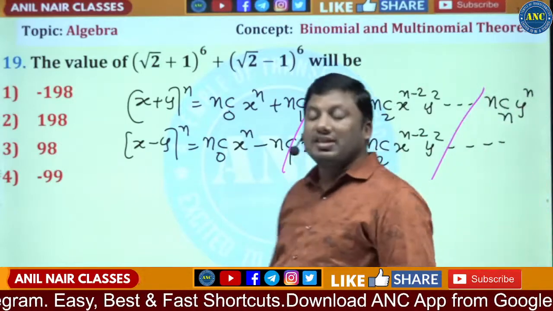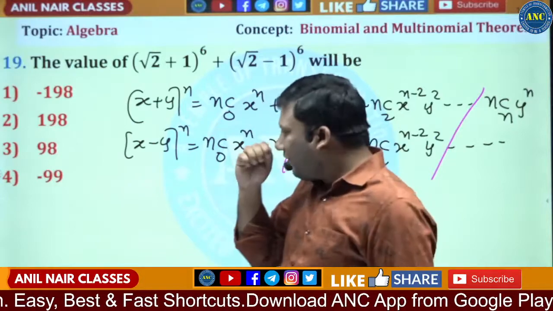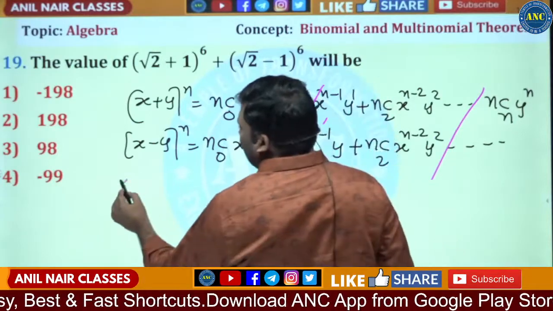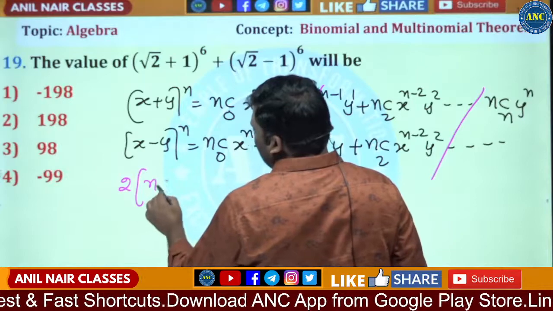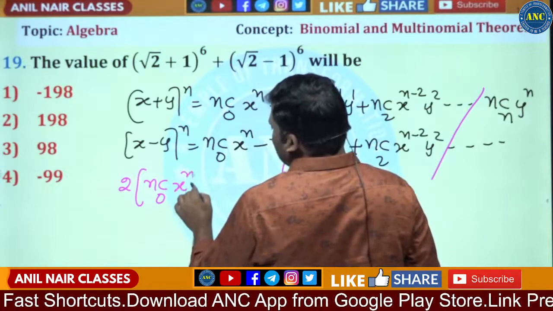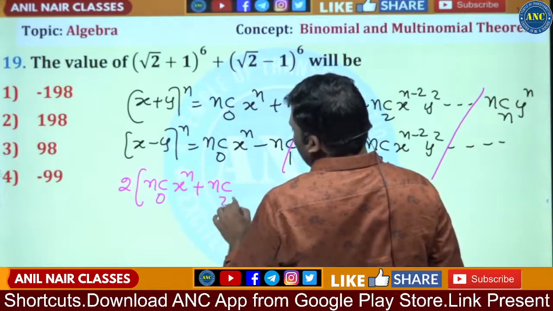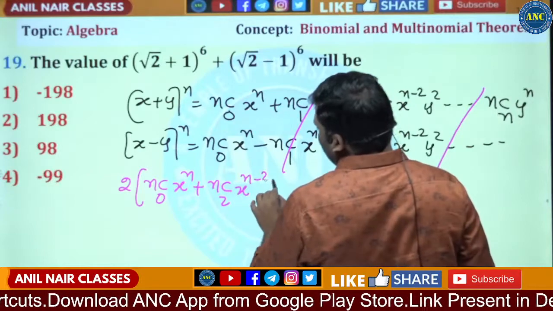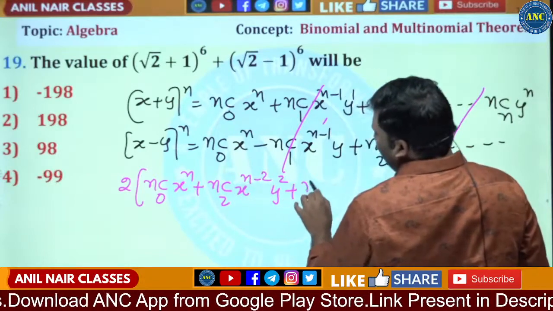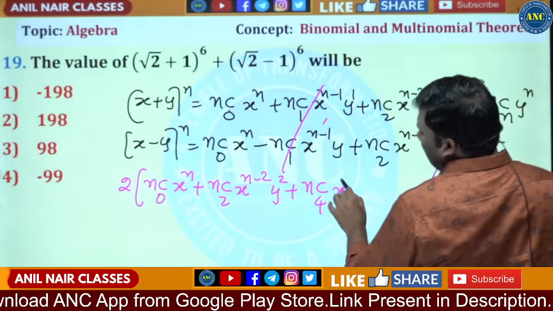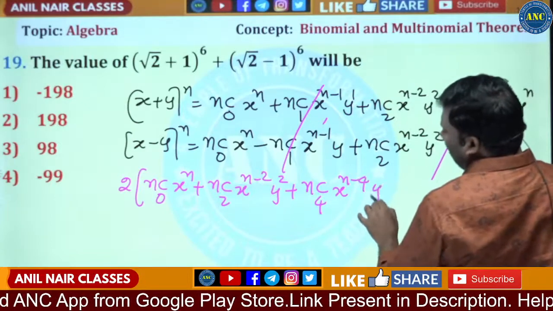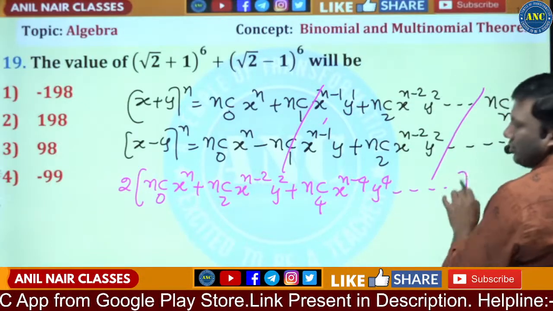nC1 cancelled, nC3 cancelled, nC5 cancelled. So if I add it, I will get 2 into nC0 x power n, nC2 x power n minus 2 y square, plus nC4 x power n minus 4 y power 4, and so on.